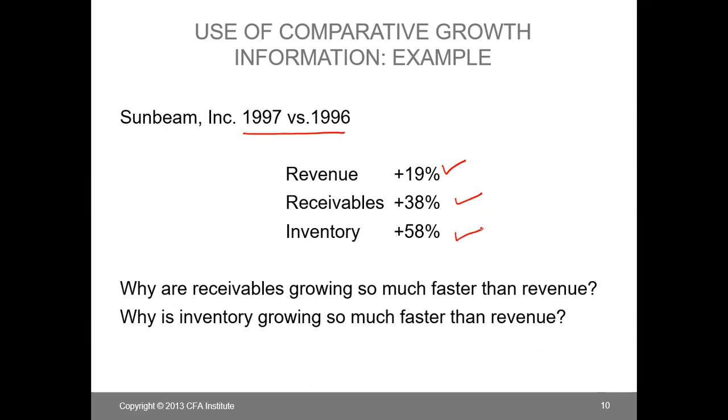The inventory has grown by 58%. So when the revenue is growing, at the same time if you see that inventory is piling up, it may be for a reason. It should be in line.